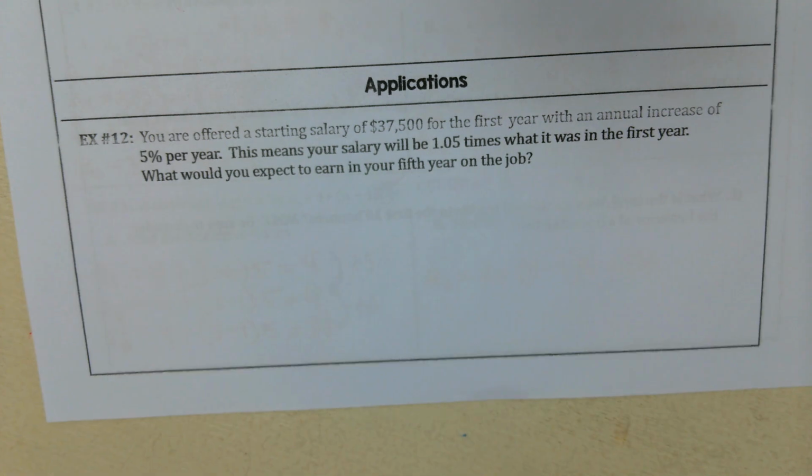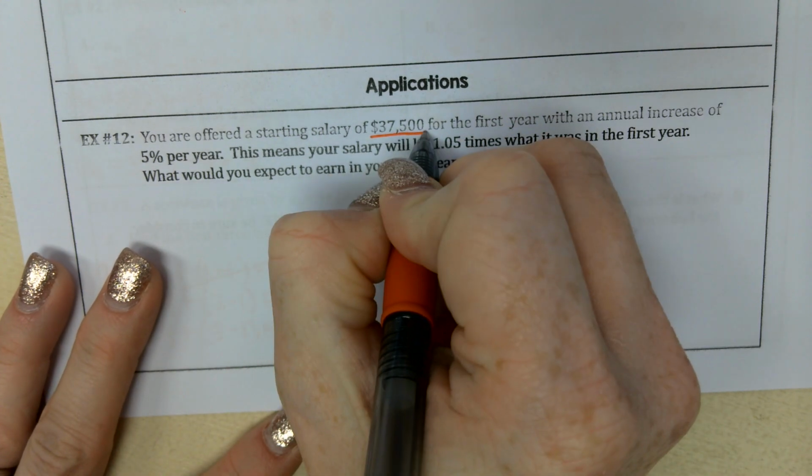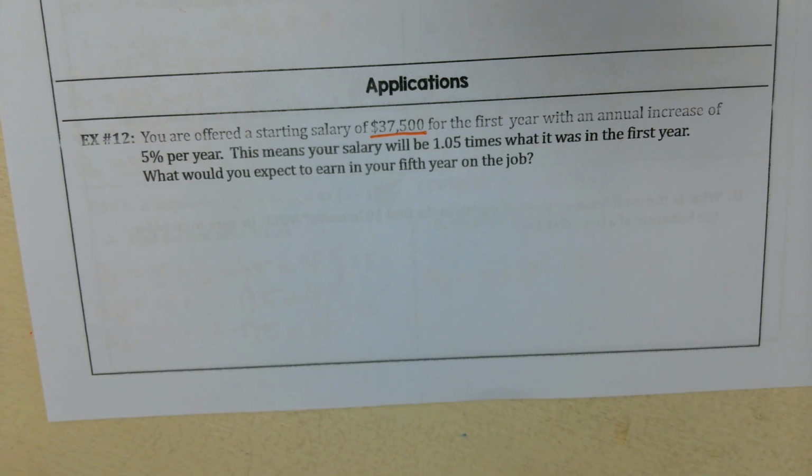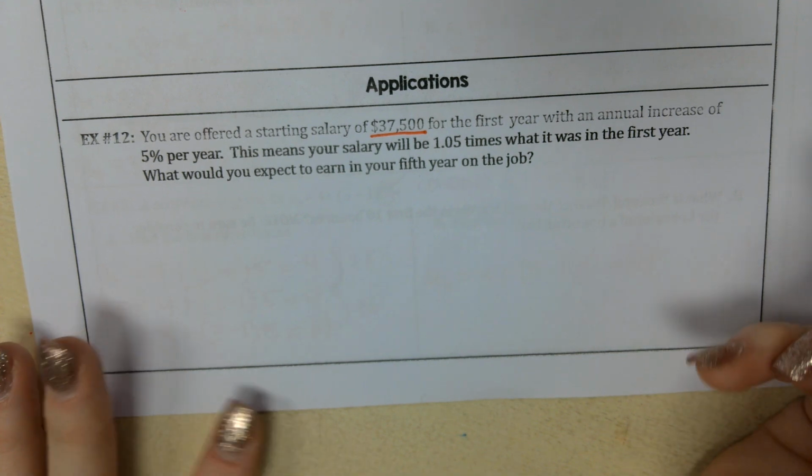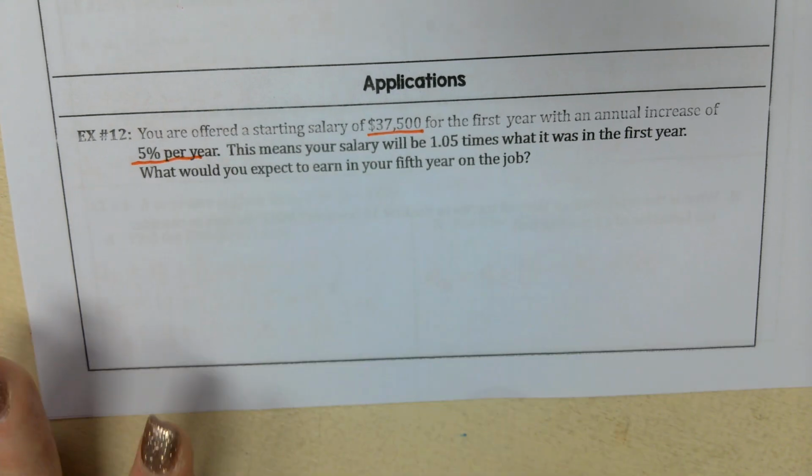Next, we're going to skip down to example number 12. This is a real life thing, friends. You are offered a starting salary of $37,500 for the first year. That's not really a lot, friends. With an annual increase of 5% each year.